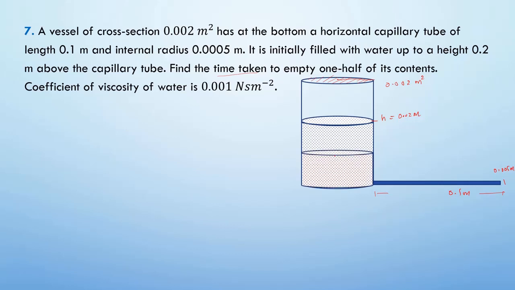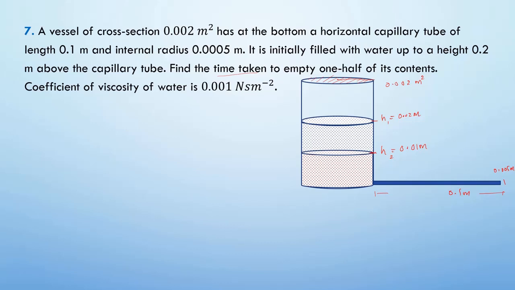That is, what is the time taken when the height h becomes 0.01 meter. So we have two heights, say h1 and h2. Initially the water was at the level h1, and as the water flows, the content becomes half, that is at h2. So what will be the time taken?